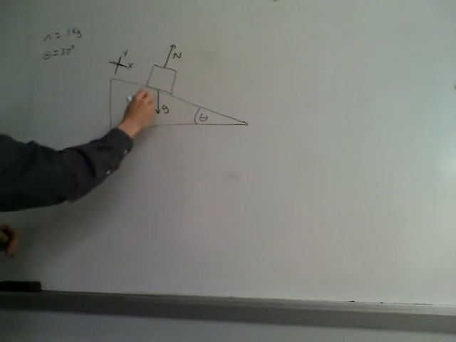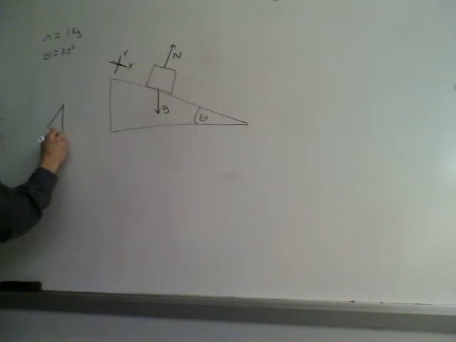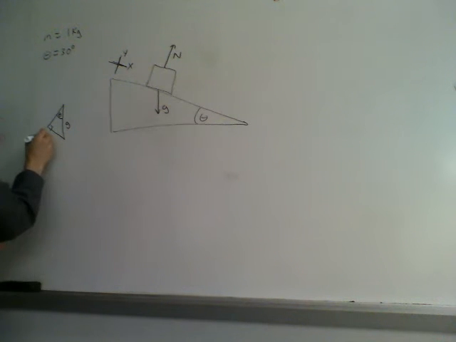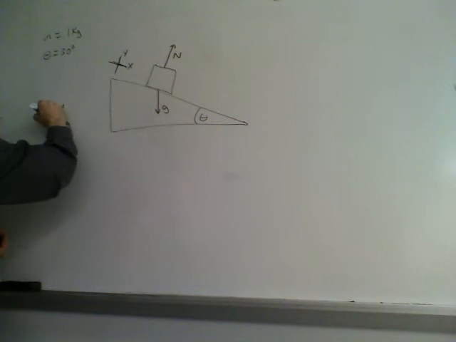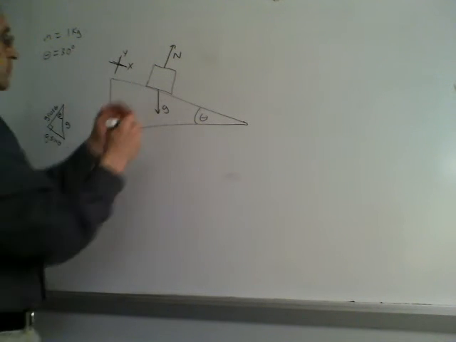So the first thing we want to do is break our gravity into its components in our new reference frame. We have our right angle here. This is g. That theta here is the same as the theta here. So we get a g sine theta parallel to the plane and a g cosine theta perpendicular to the plane.